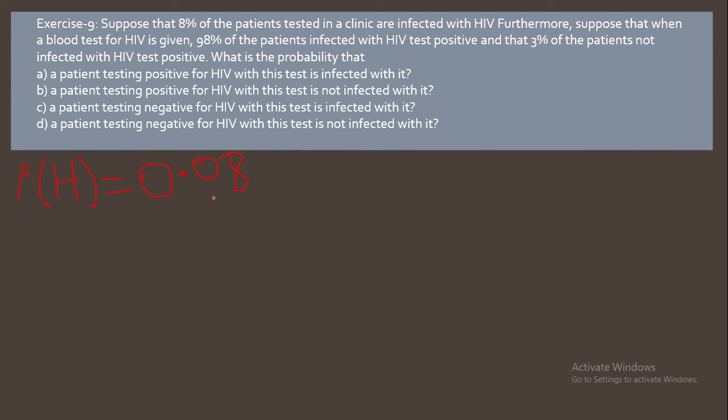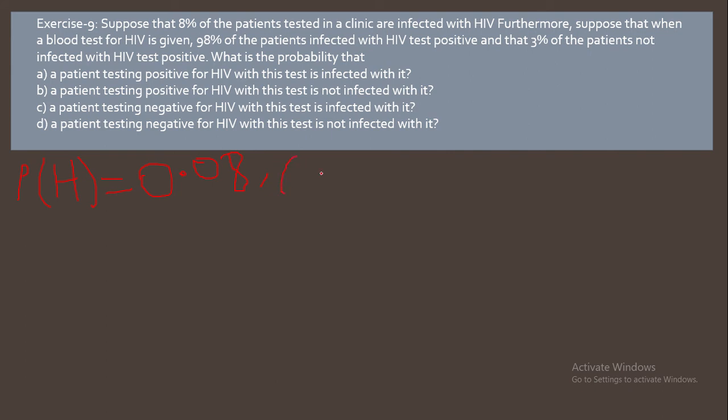So now what we need to find out is, suppose that when a blood test for HIV is given, 98% of the patients infected with HIV test positive. So what else are we given?